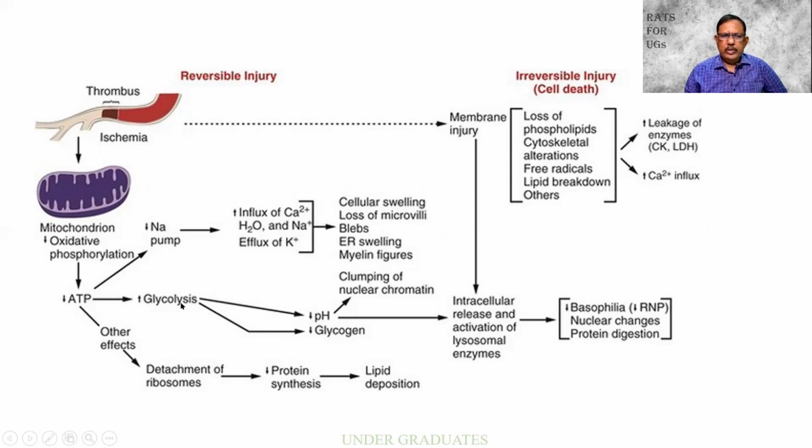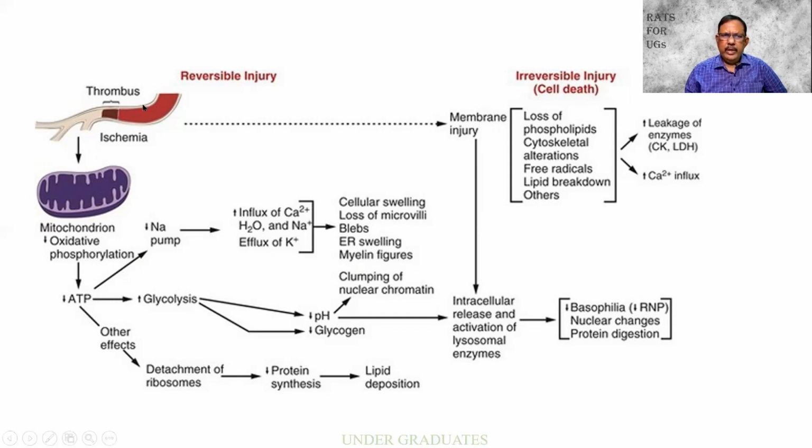The ATP is lost, there is glycolysis, and there is a decrease in the pH and the glycogen. This leads to activation of the lysosomal enzymes, which can lead to RNA damage, ribonucleoprotein damage, and then DNA also. The membrane as such can undergo all these changes. We will be seeing what is happening.